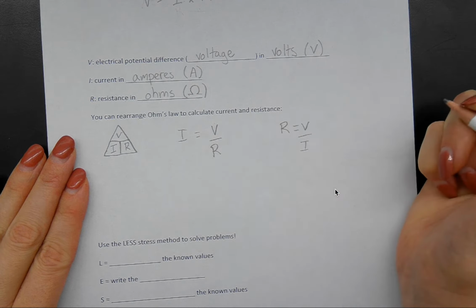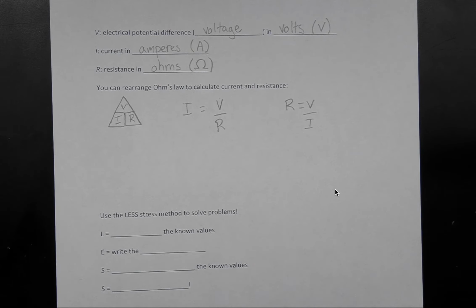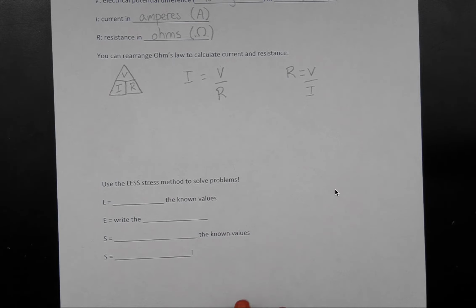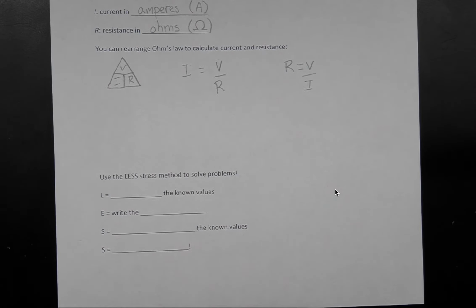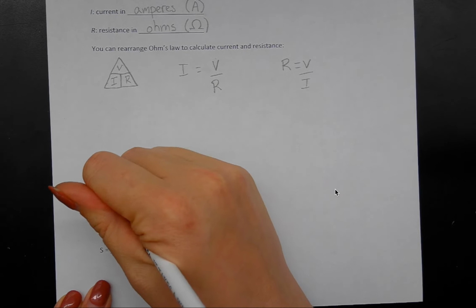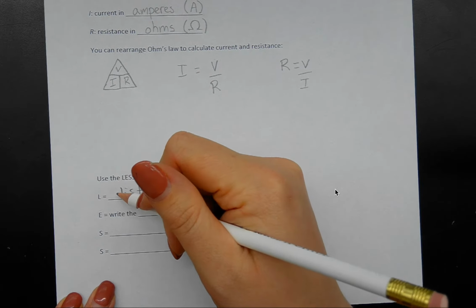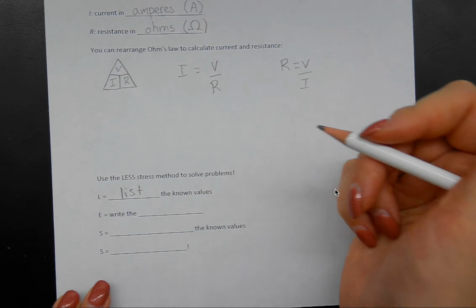Okay? All right. So doing problems with Ohm's law is like doing word problems in math. And I'm going to show you my patented less stress method to solve problems. Okay, so L stands for list. So the first step is to list the values that you know, the values that are given in the problem.